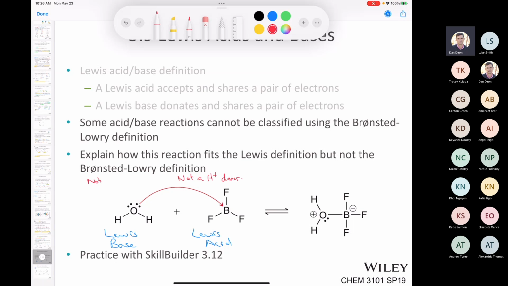No, not a proton acceptor. And so we can't use Bronsted-Lowry definitions for the acid and the base here. We have to use Lewis acid, an electron acceptor, and Lewis base, an electron donor.